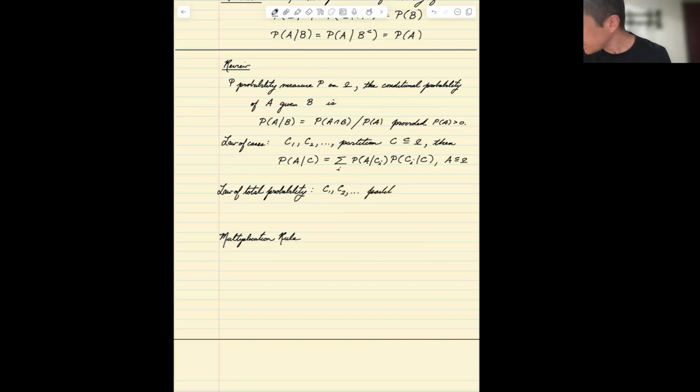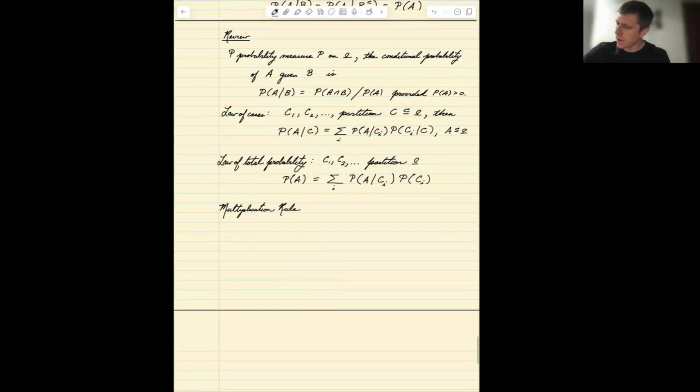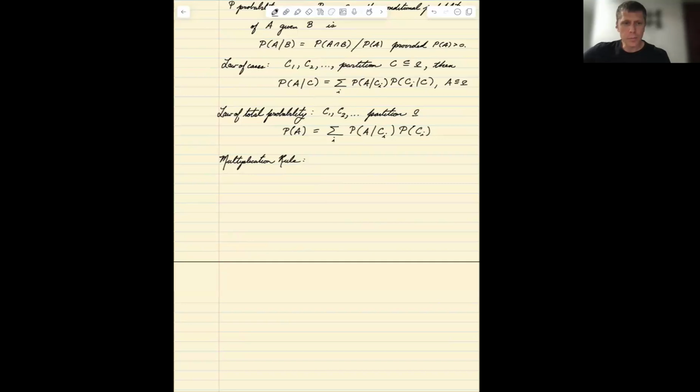In this case, we're partitioning the entire sample space. Then we can calculate the probability of A by decomposing over all of the cases: probability of A given Ci times probability of Ci. Very powerful.